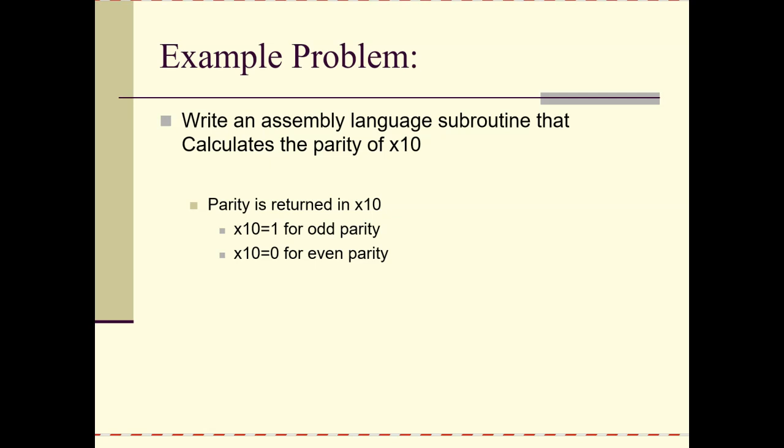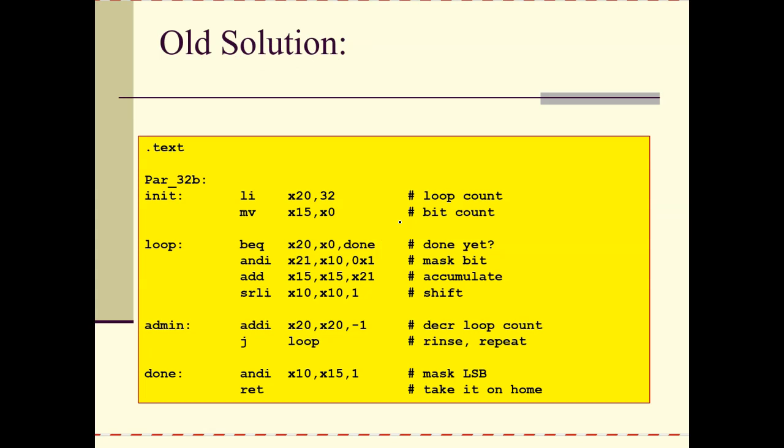So it's a subroutine where you send it a value in X10, you change that value, and you send just the parity back. So 1 indicates odd parity, and 0 indicates even parity. I'm not going to do these, but they're done in the book, and I have some standard solutions here. So I thought we would look at this real fast, and it's a working solution.